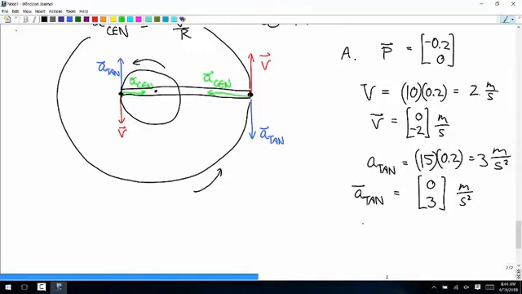Centripetal acceleration is in the positive x direction. That's v squared over r, so 4 over 0.2 is 20. So 20, 0.